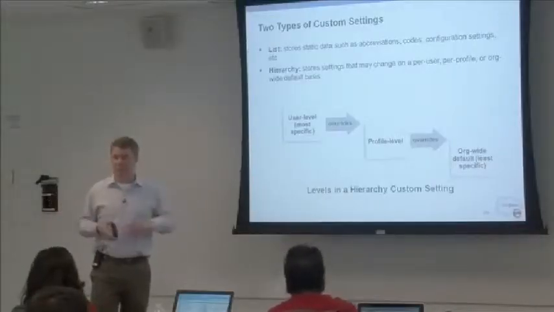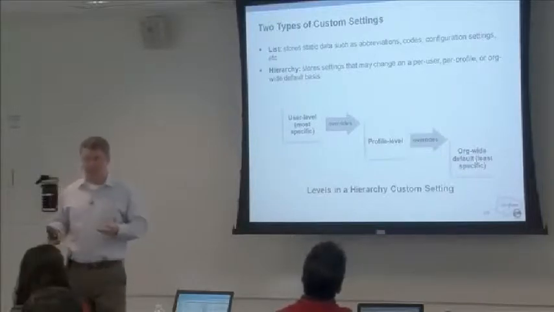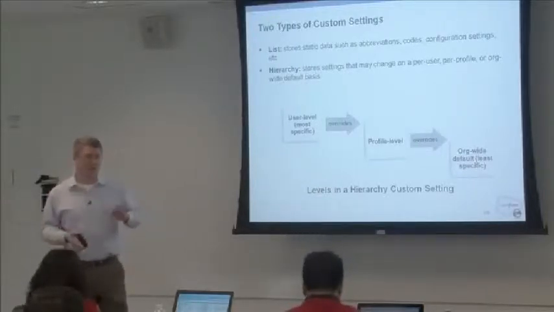You would create fields on that custom setting, and then you'd populate it with data, and then you'd say, fetch for me the value of this field for this particular record that you would identify by its name. Okay?